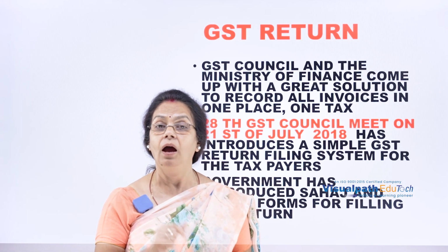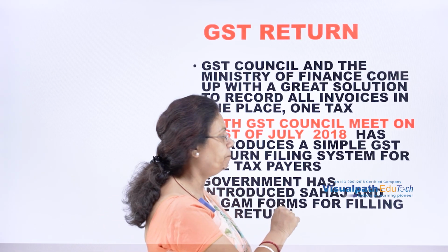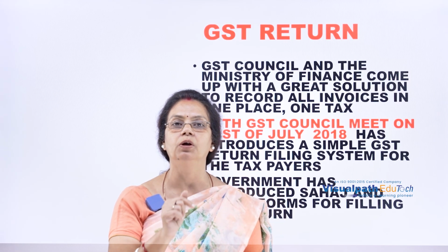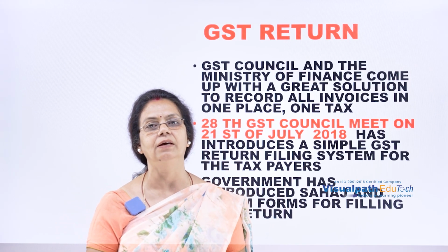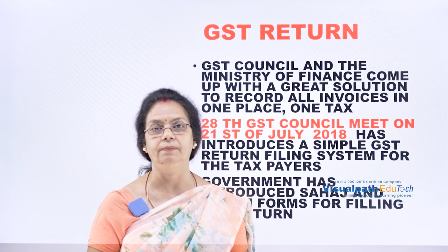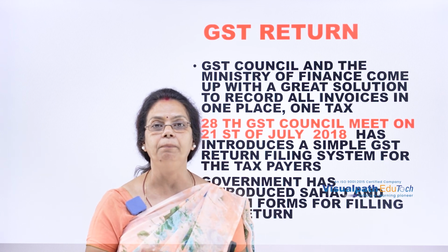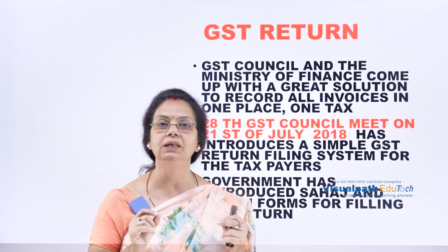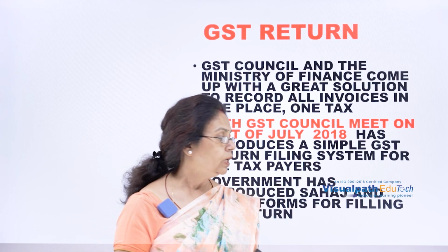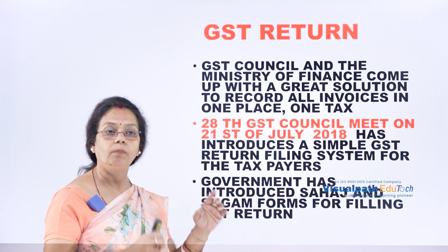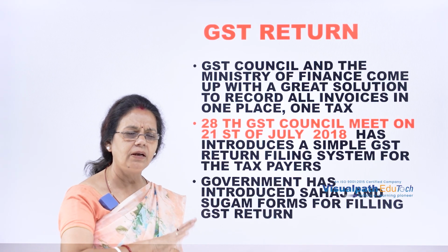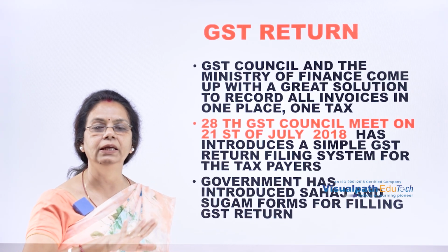Why? Because of this simple and easy procedure for calculating the GST, which was formulated in 2018 after implementing the GST Act. That is why it is known as the Sahas and Sugam form. The form itself is very simple and very easy.